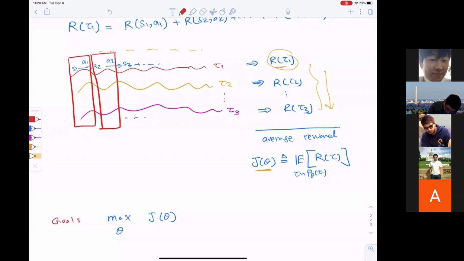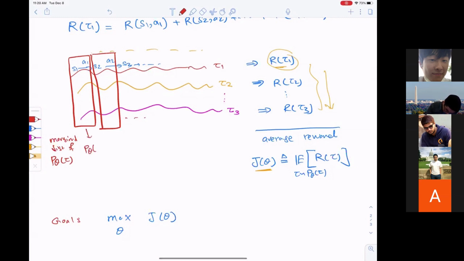So I look at the marginal distribution of P theta of a trajectory. P theta is basically the probability of observing this really long sequence. So I'm going to marginalize it over S1A1, S2A2, and that's going to be my marginal distribution.